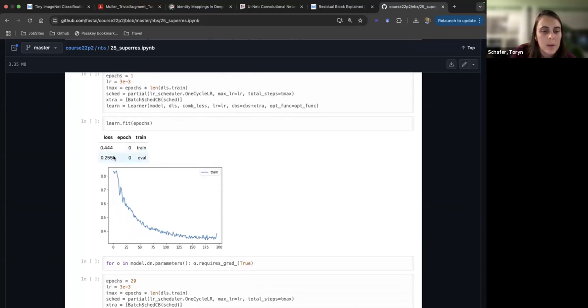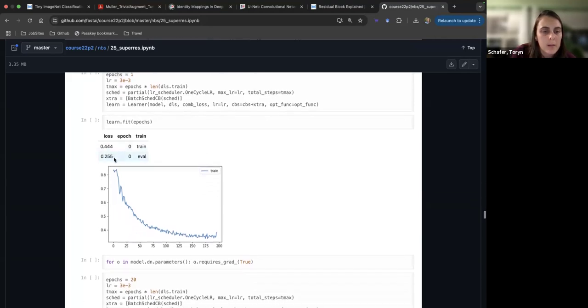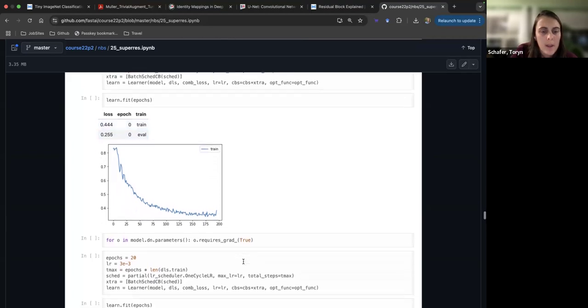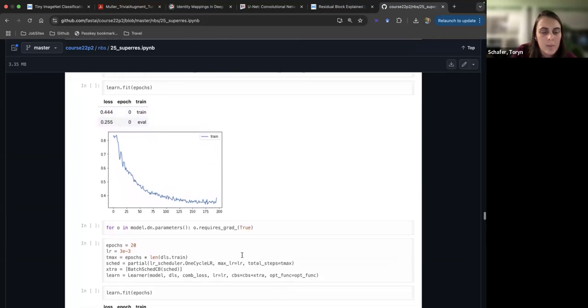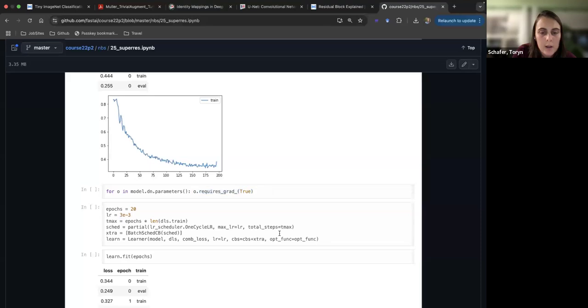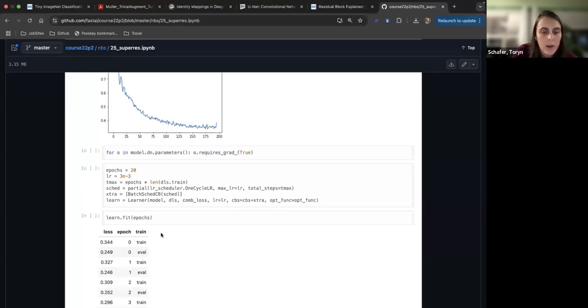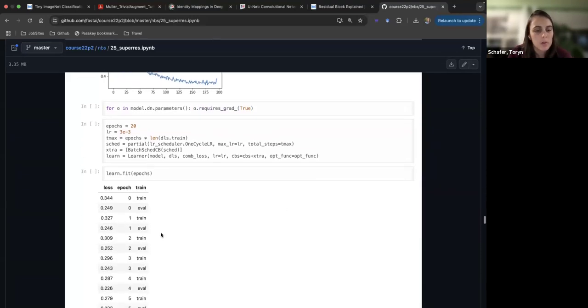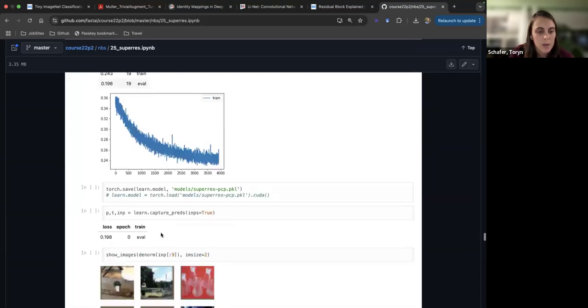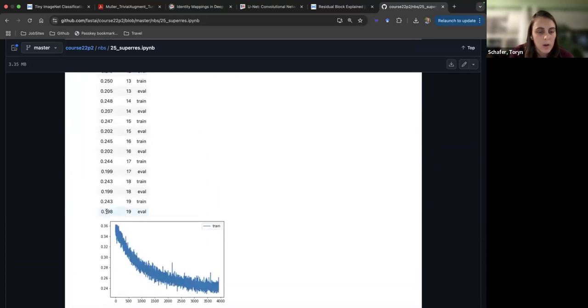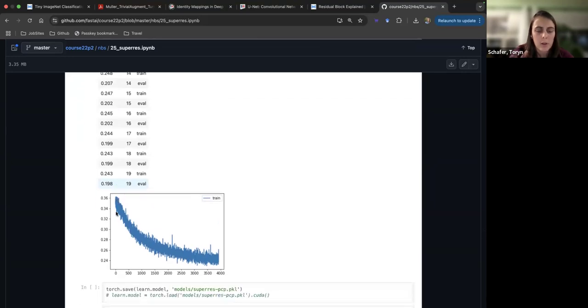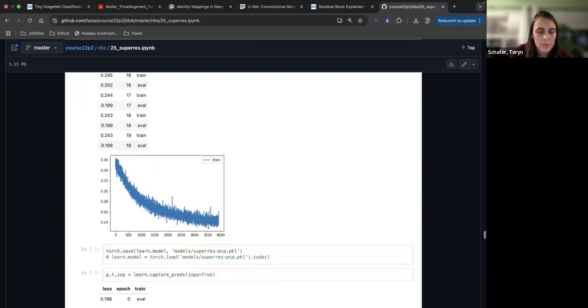So with one epoch, 0.255. And then after the one epoch, you turn the gradients back on and you train as usual. And we got down to 0.198. I think the other one is like 0.303 for the perceptual loss. These are both with perceptual loss.